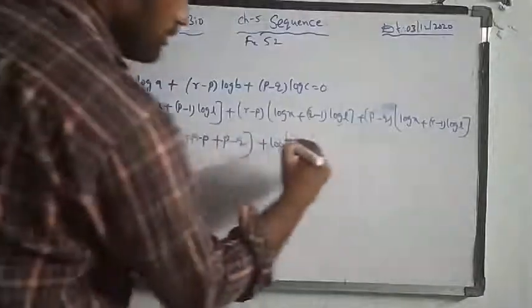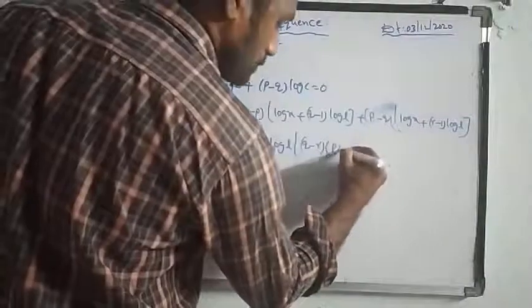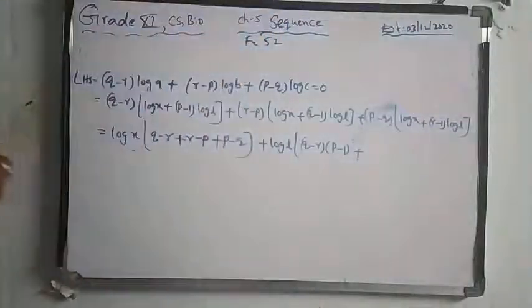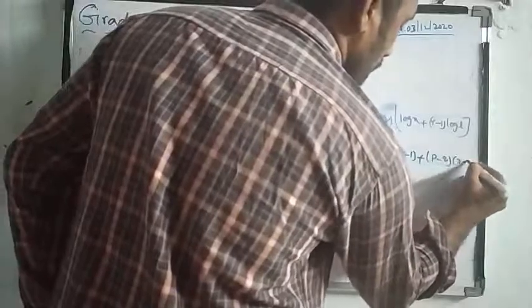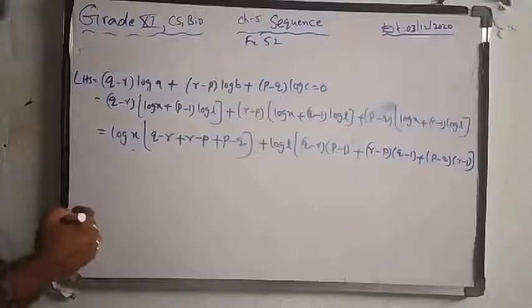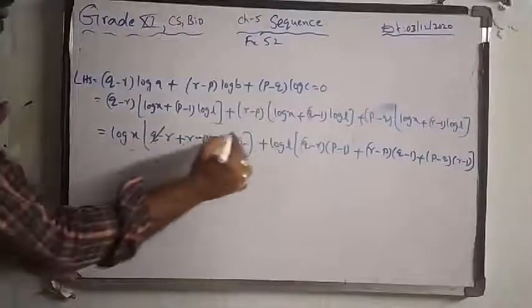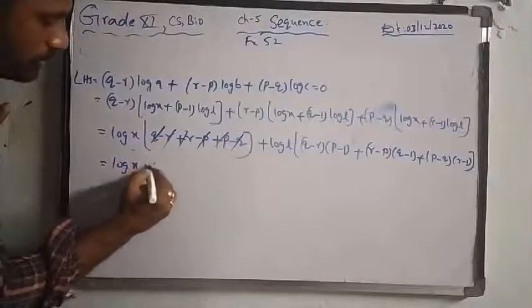The remaining terms are (q minus r) into (p minus 1) plus (r minus p) into (q minus 1) plus (p minus q) into (r minus 1). In the first bracket, q gets cancelled, p and r get cancelled, so log x value into 0.